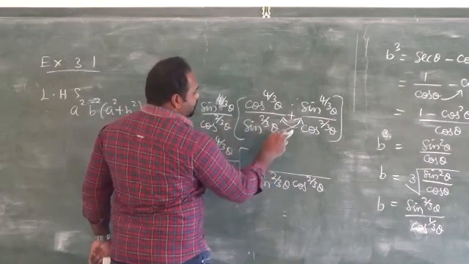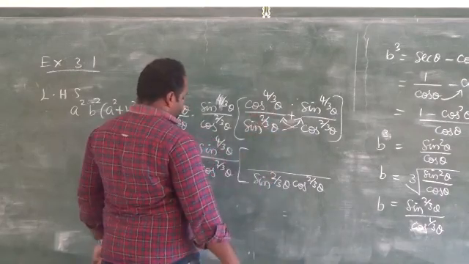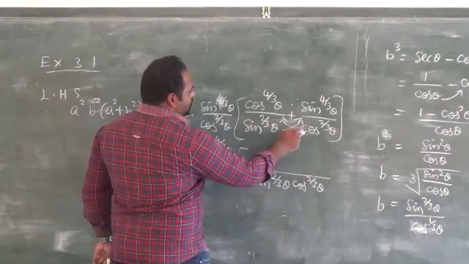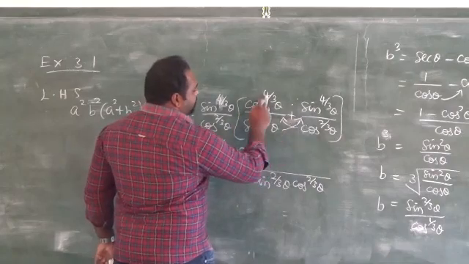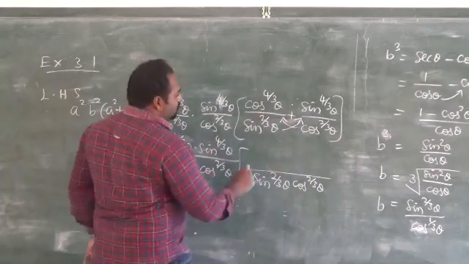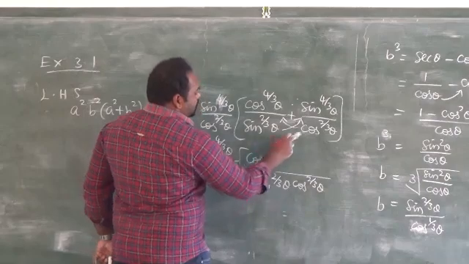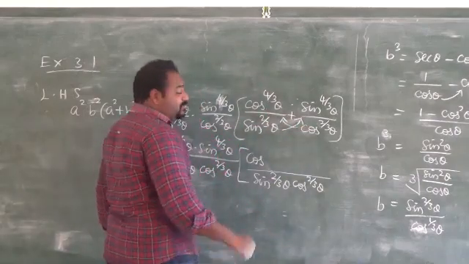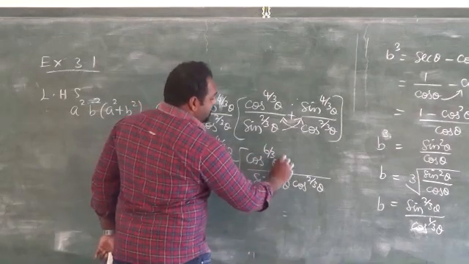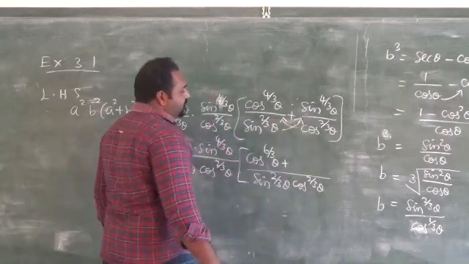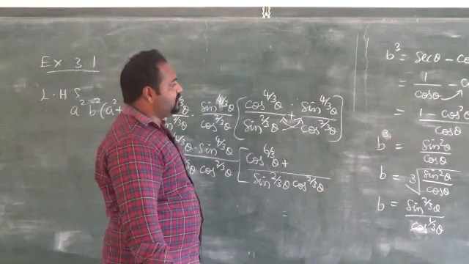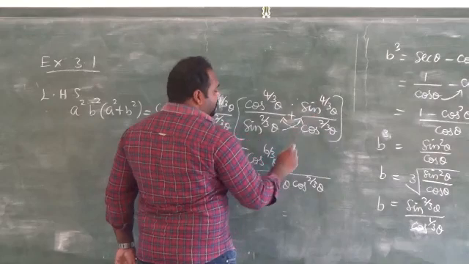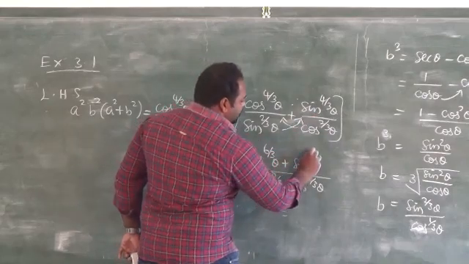If you cross multiply, cos into cos, the powers should be added. Here 4 by 3 plus 2 by 3 is 6 by 3 theta, and similarly sin power 2 by 3 theta into sin power 4 by 3 theta, the powers should be added: 2 by 3 plus 4 by 3 is also 6 by 3.